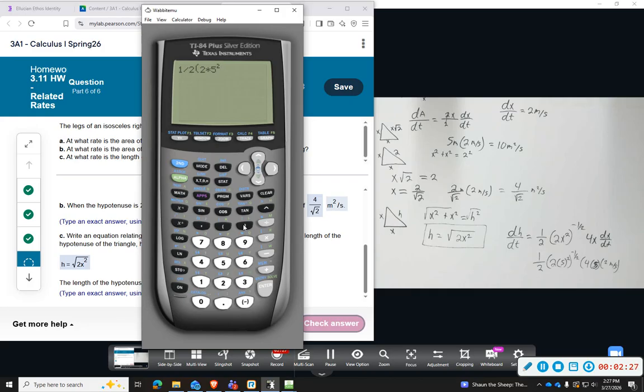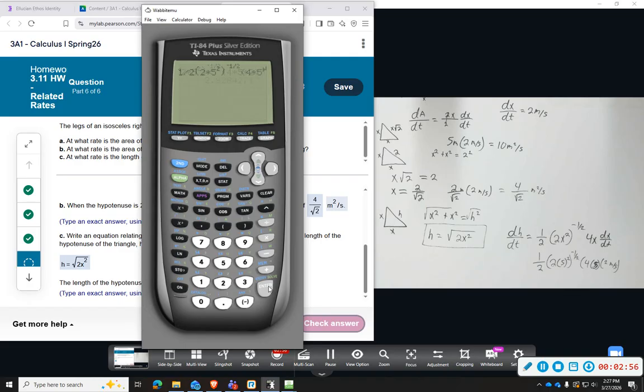We're going to close, raise this to the negative 1/2 power, times, nope, got an arrow down. This is going to be times 4 times 5 times 2.